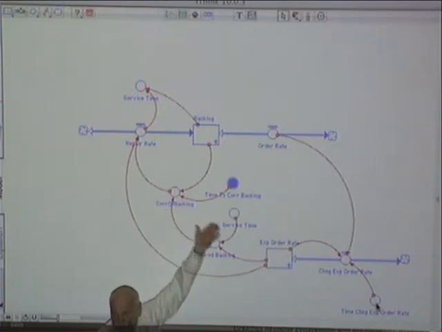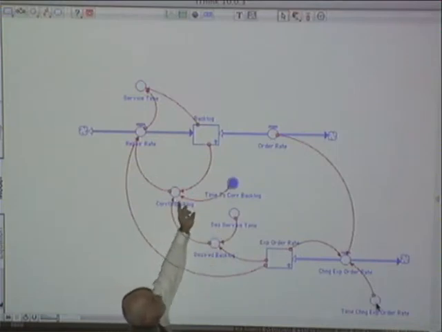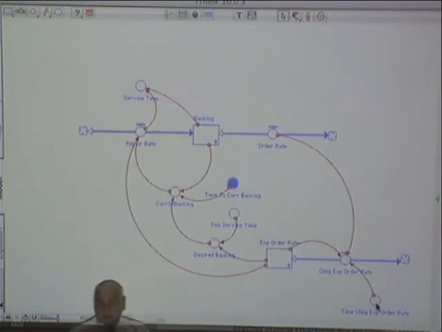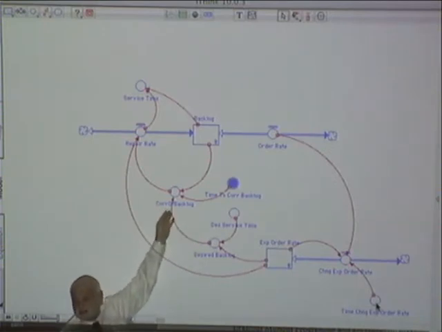And then I continue until the gap between the backlog and the desired backlog is 0. When I have no more backlog to work on beyond what I desire to have, so that the backlog is equal to desired backlog, the correction is 0.